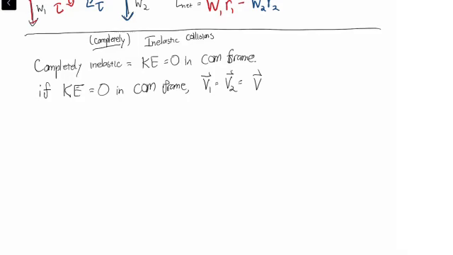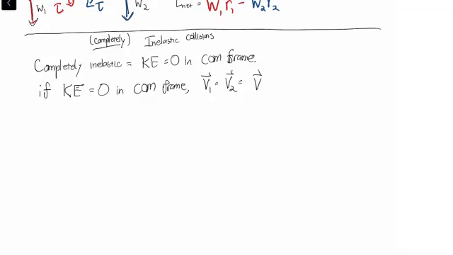Because if any two objects had relative velocities, then the kinetic energy in the center of mass frame would be non-zero, because the center of mass would be moving at a different speed than both of the objects in the system.